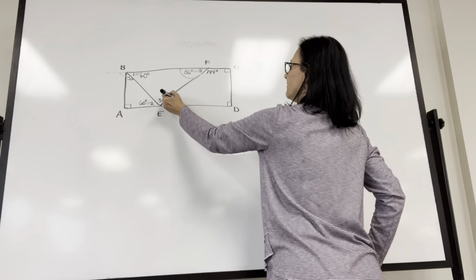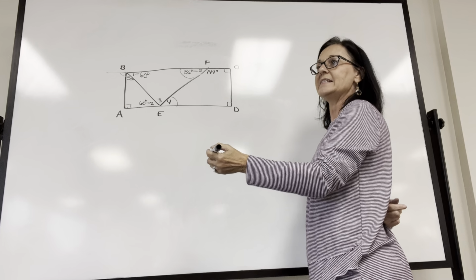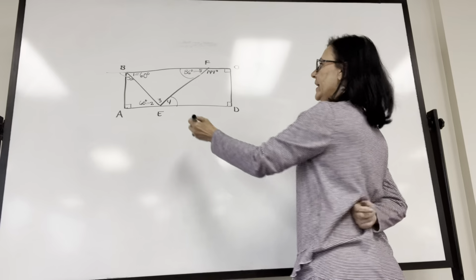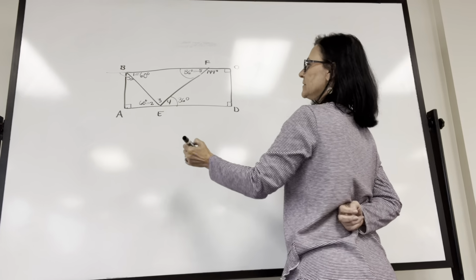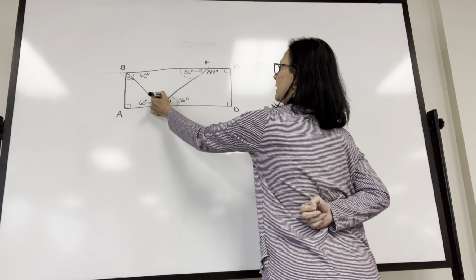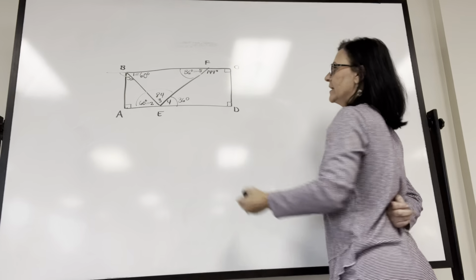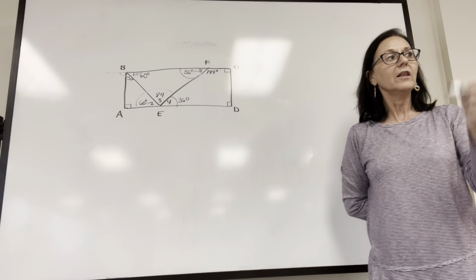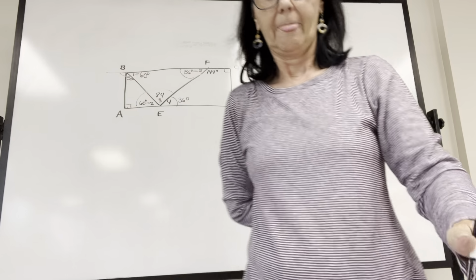How is 4 and 5 related? They're alternate interior. They are equal. This has to be 36 degrees. So 3 has to be 84, because 36 plus 84. And is it true that 84 and 60 equals 144? Yes. All of that has to work. Okay?